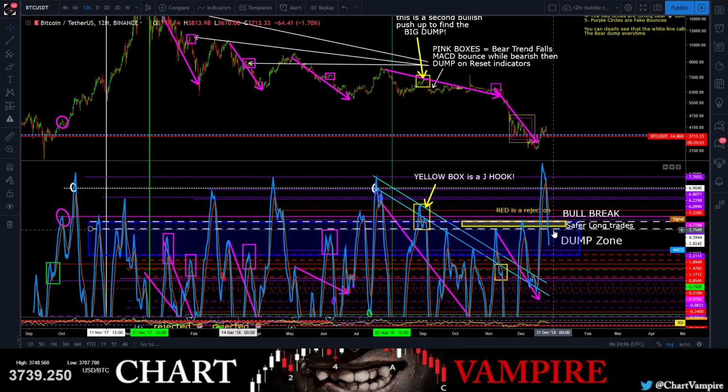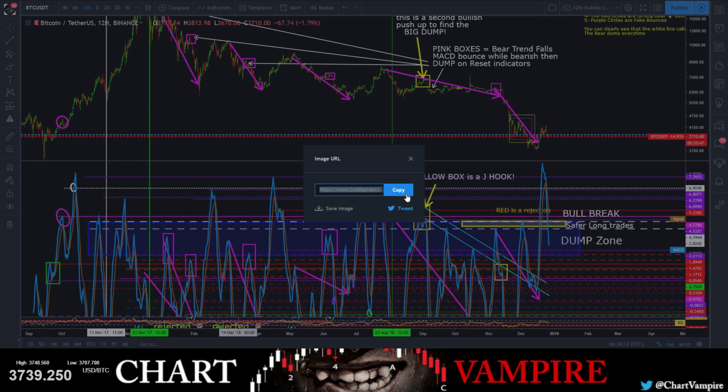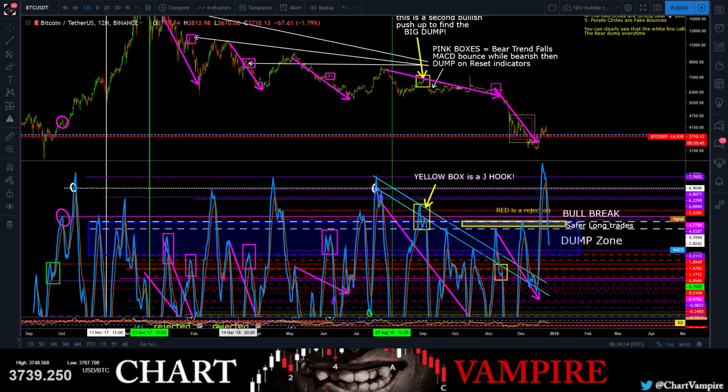So we did break the bull bear trade line on this, now a confirmation of being bearish. So for me, this is a confirmed bear MACD break on the bubble chart. To me, that's bearish.